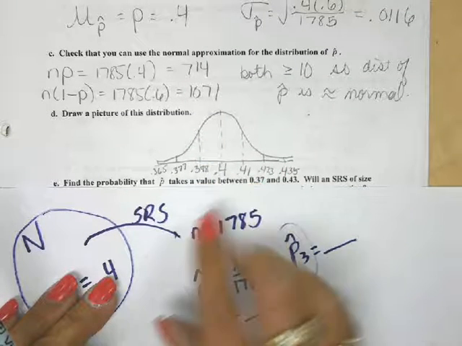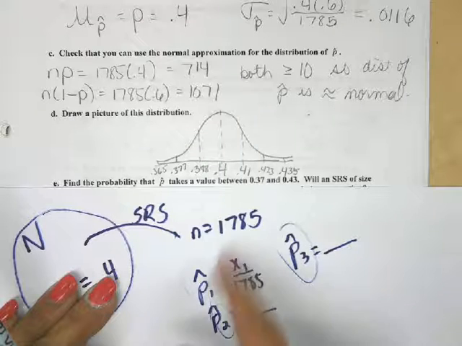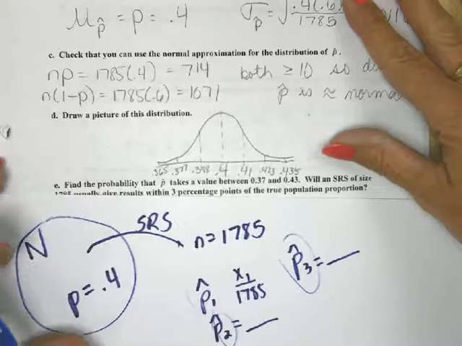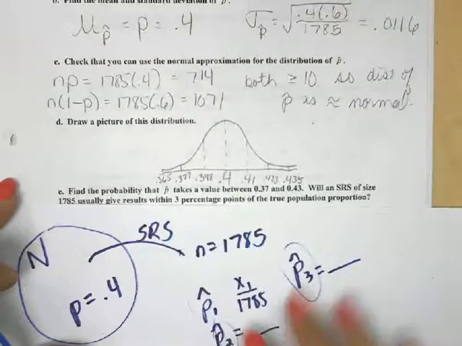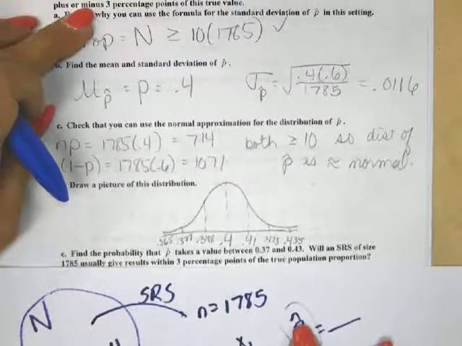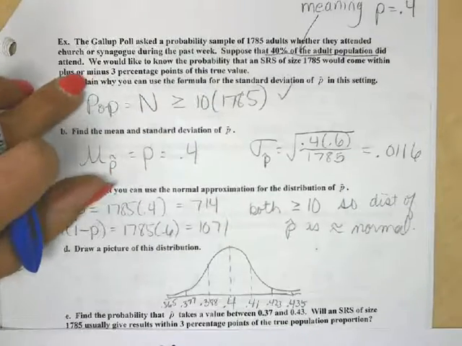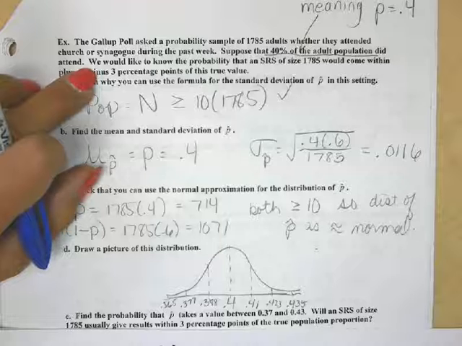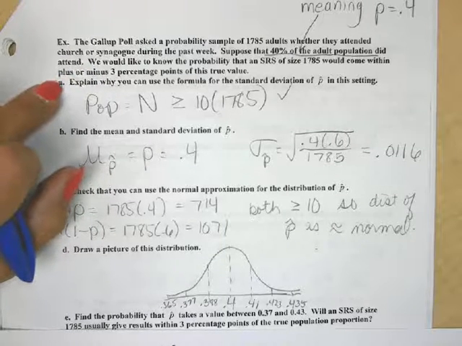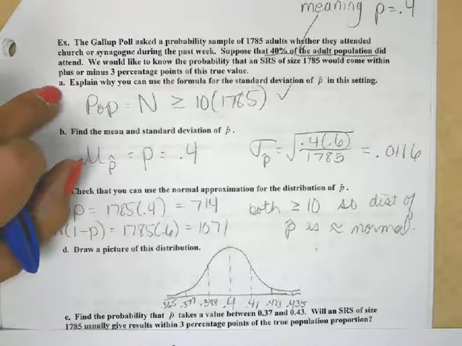And now we can also use normal calculations to answer probability questions. So the question asked at the beginning: we would like to know the probability that a simple random sample of size 1,785 would come within plus or minus 3 percentage points of this true value.